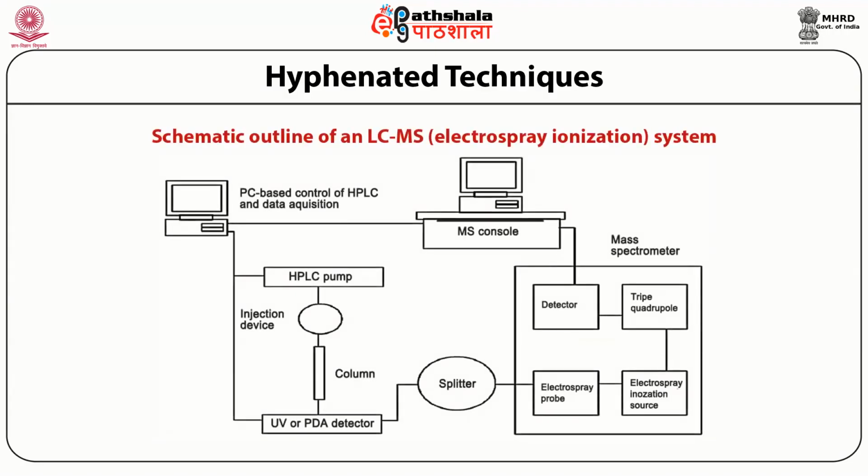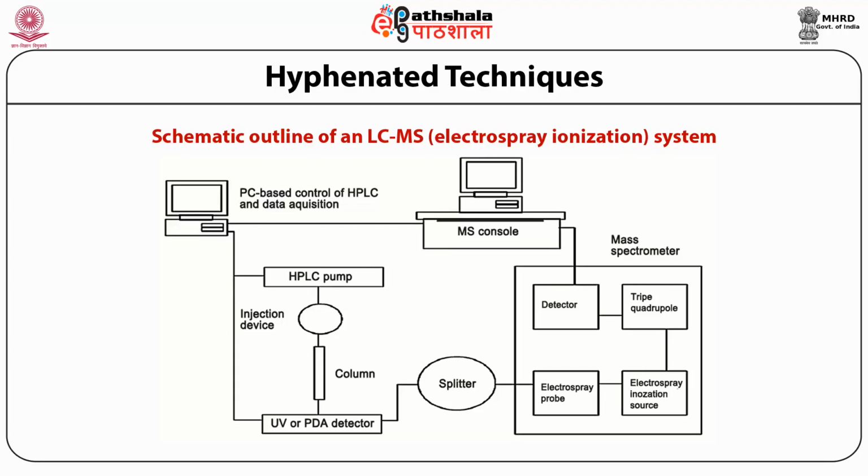Another hyphenated technique shown here is LCMS. It is representative of even UPLCMS, where LC and UPLC only differ in the size of the particles in the column. We have an HPLC column or a UPLC column onto which we inject the sample, and the samples get eluted under the influence of a mixture of solvents from the HPLC pumps.